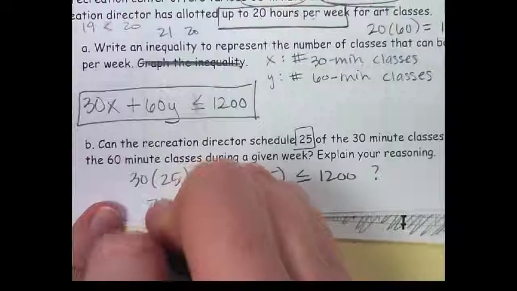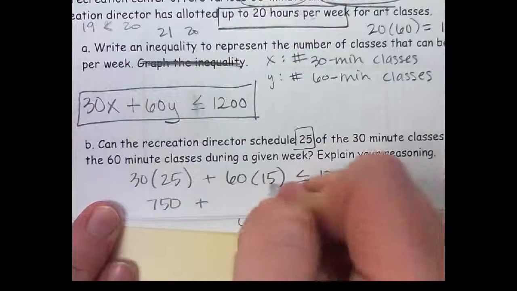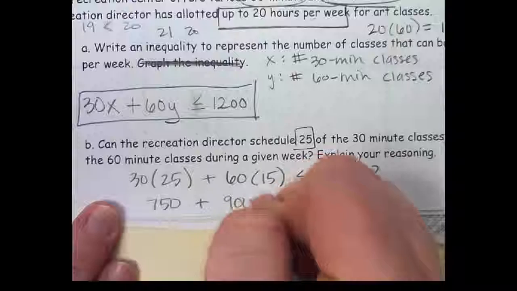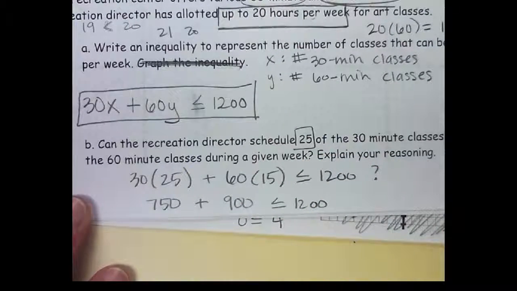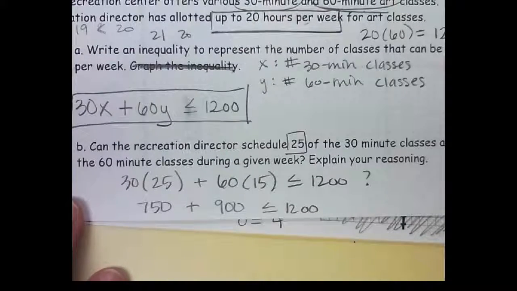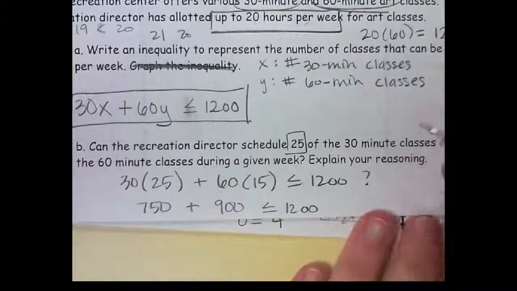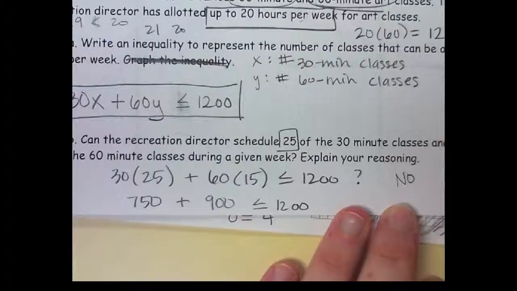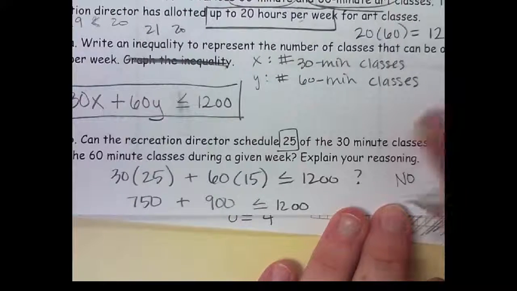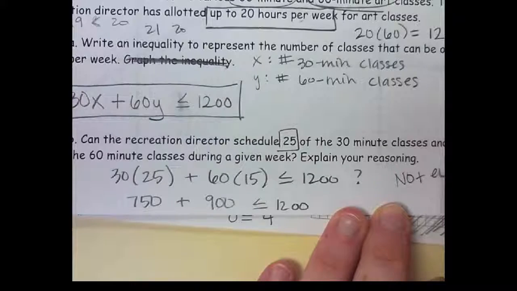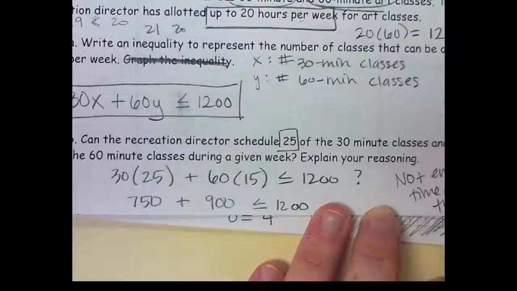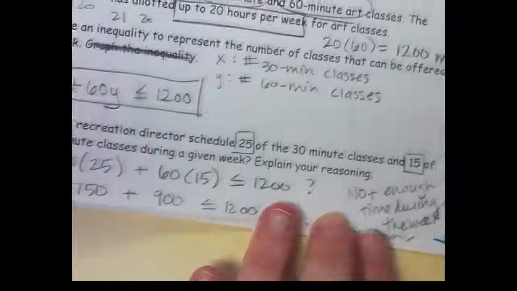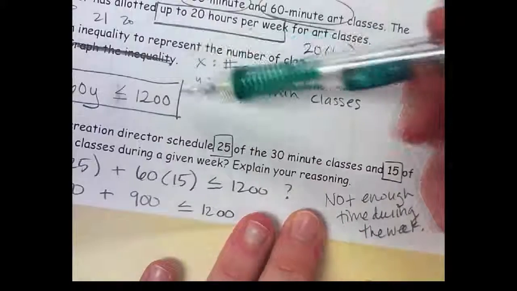So what is this? 750 plus 900. Is that less than or equal to 1,200? No. Explain your reasoning. There's not enough minutes in the week, not enough time during the week. Whatever you would like to say there. That makes sense. The biggest thing is getting the equation right, though, because if your equation's not right, then this second part won't be right.